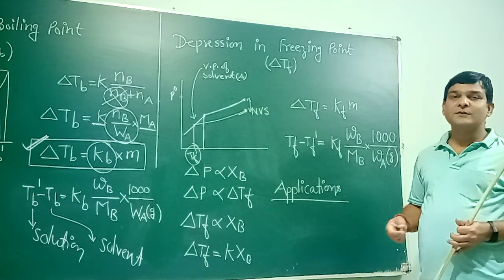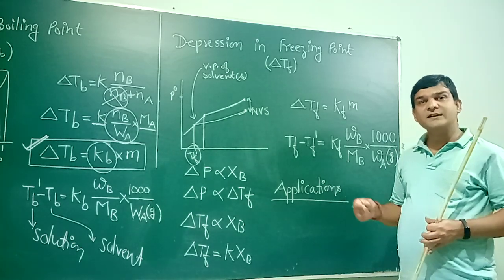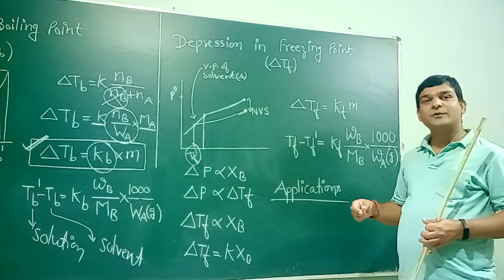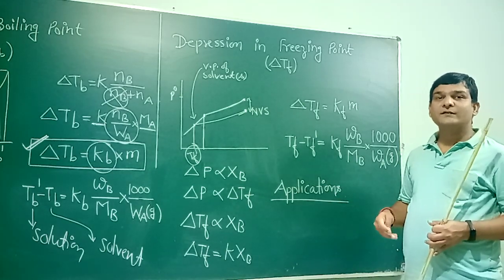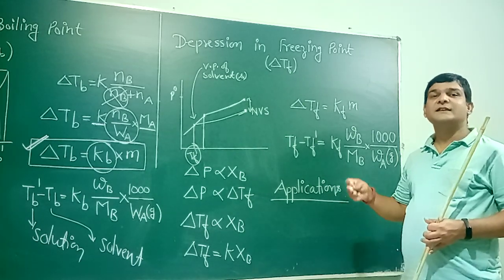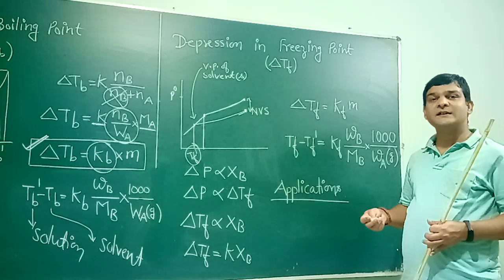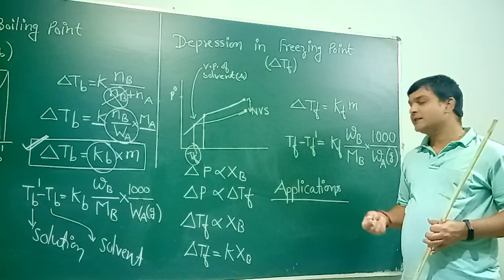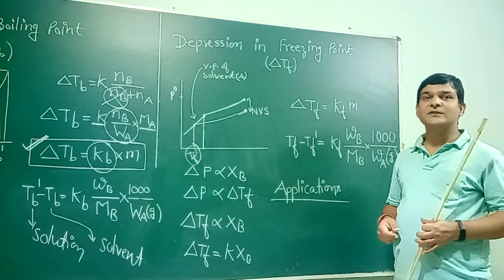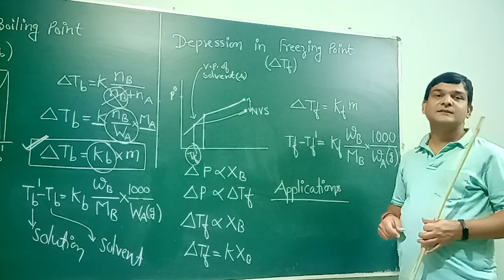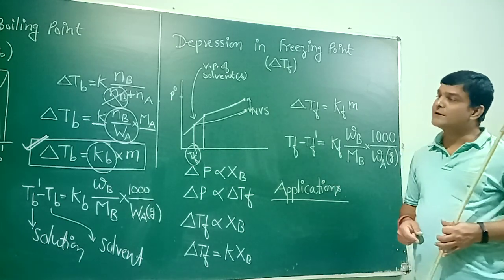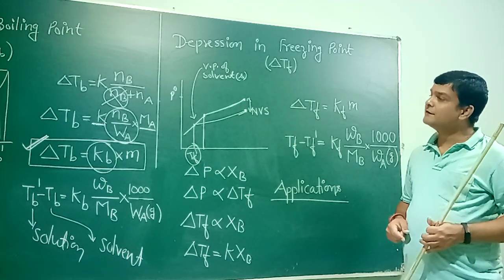Therefore, some amount of ethylene glycol, which is here a non-volatile solute, is added in water so that its freezing point decreases, and now water will not freeze at 0 degrees Celsius. It may freeze at minus 5, minus 10, minus 15 degrees, depending on the amount of ethylene glycol. It means non-volatile solute is added to the water. So these are a few applications which are common for depression in freezing point.